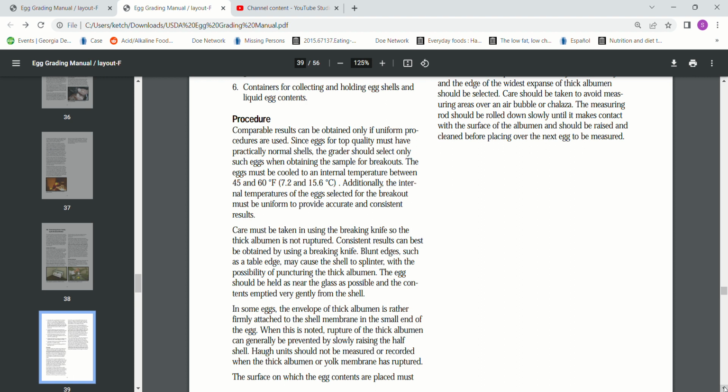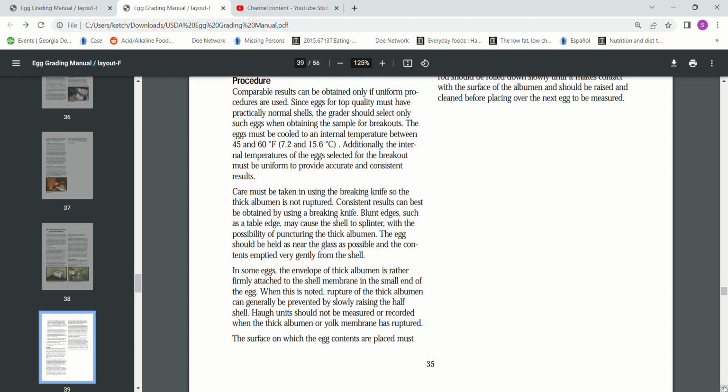Additionally, the internal temperatures of the eggs selected for the breakout must be uniform to provide accurate and consistent results. Care must be taken in using the breakout knife so the thick albumen is not ruptured. Consistent results can best be obtained by using a breaking knife.